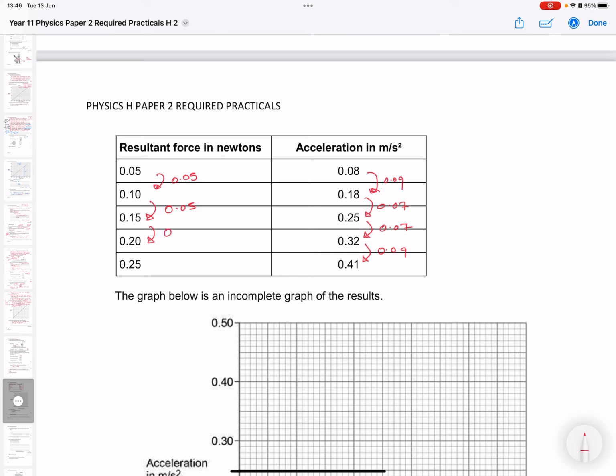So every time they increase by 0.05 newton, the acceleration is not linearly increasing, but it's increasing.